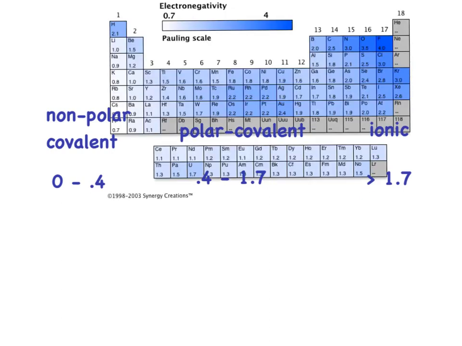And since we know ionic bonds typically happen between metals and nonmetals, we'll take a look at sodium with a value of 0.9 and chlorine with a value of 3.0, which gives us a difference of 2.1, which is clearly in the ionic range.